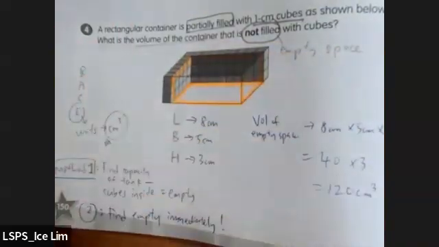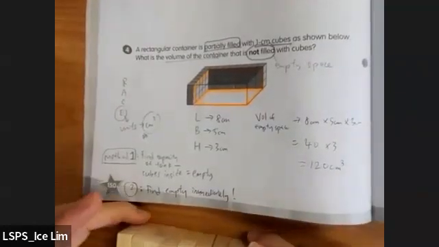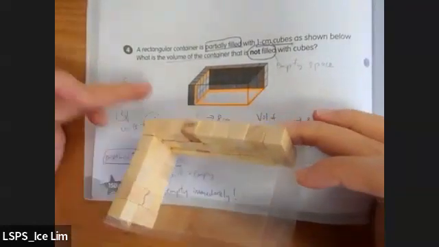Some of us were very quick. Immediately you could answer: the length is 8, the breadth is 5 and the height is 3, very quickly.